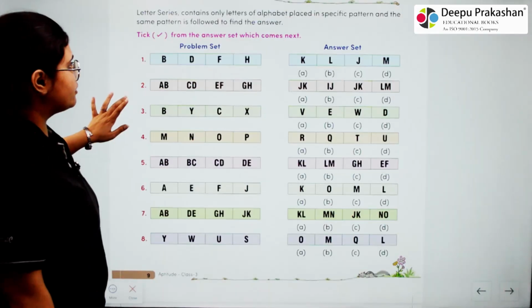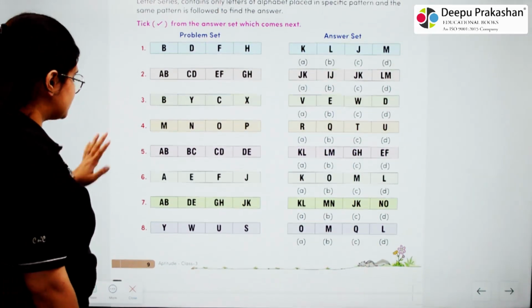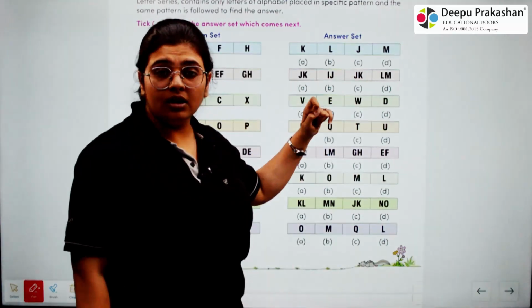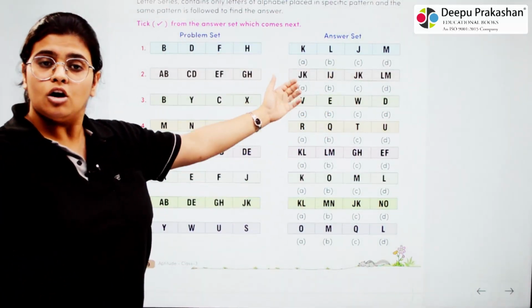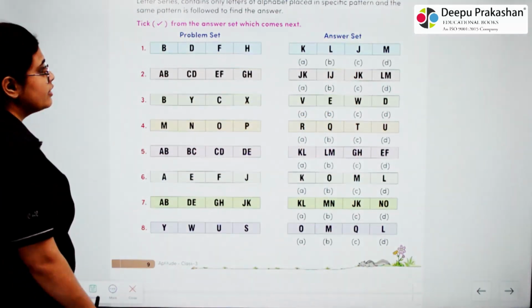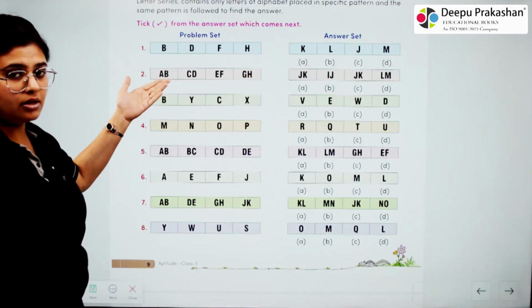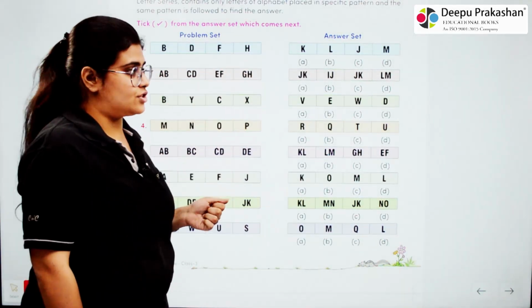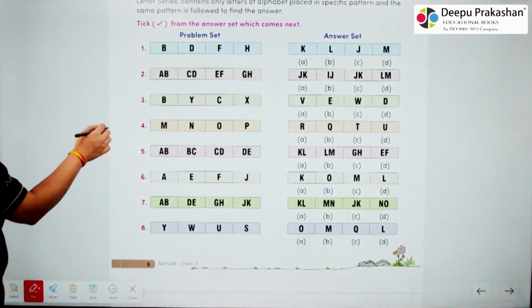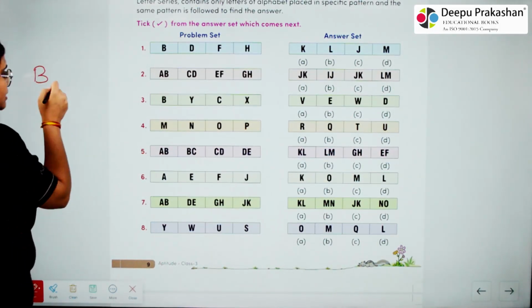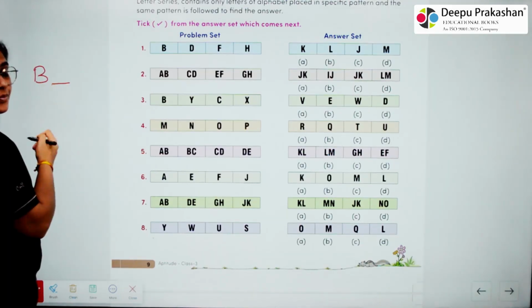So here we are given a series of letters and we have to find the very next coming letter from the options provided here. First, we are given B, D, F, H. So here if we see the pattern, we are given B, then after B it comes C. C is not there.